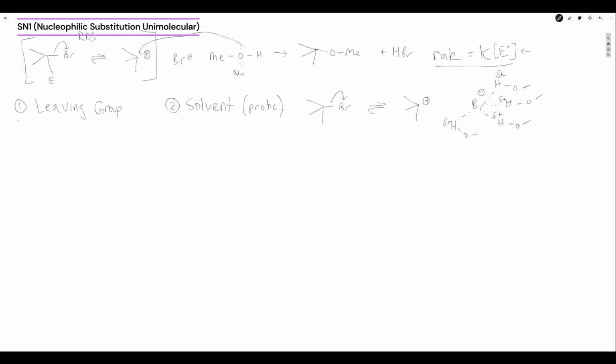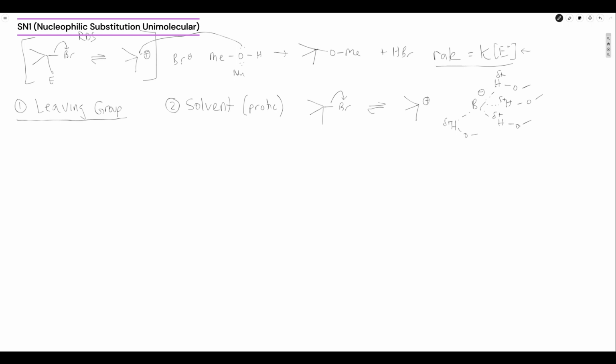And as I mentioned, one of the really primary considerations in an SN1 reaction is the quality of the leaving group. And I mentioned I'll make a video on this, but just in brief, one of the things that impacts how good a leaving group is how stable it is after it leaves. So the more stable it is after it's left, the more stable it is independently, the better it's going to be as a leaving group.